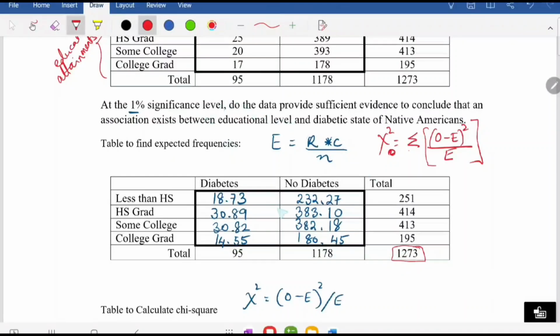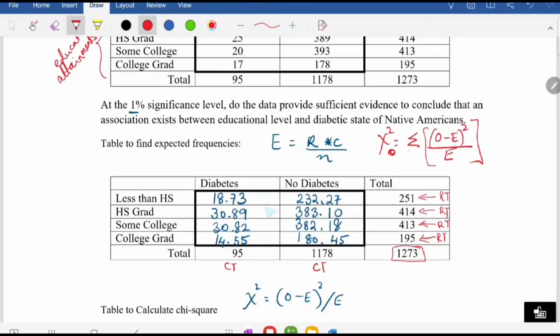And the row totals are stated here. 251 is the row total for less than HS, high school. 414 is the row total. So these are all the row totals, right? And the column totals are in the last row here. Column total for diabetes and column total for no diabetes, 95 and 1178 respectively.